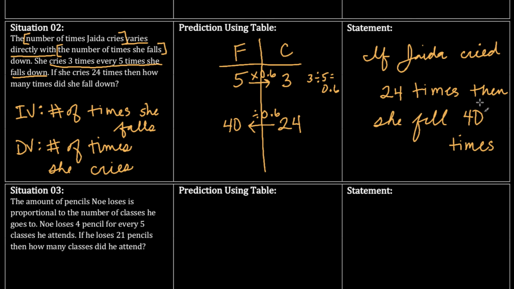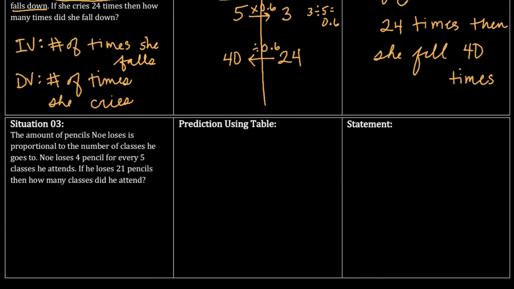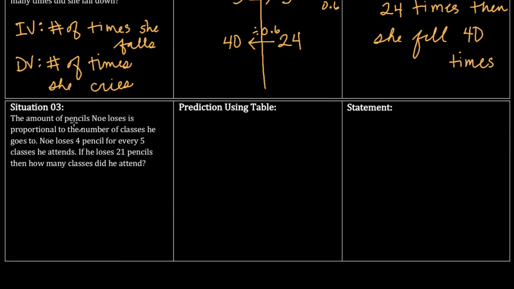All right, so let's do this one more time. The number of pencils Noah loses is proportional to, which means pretty much the same thing as varies directly with, the number of classes he goes to.